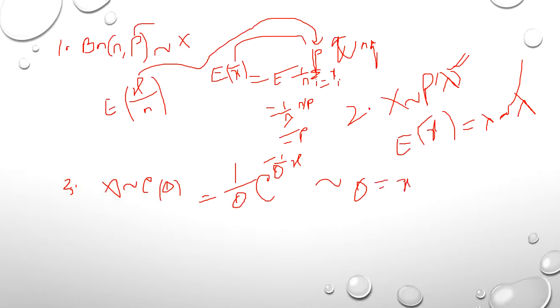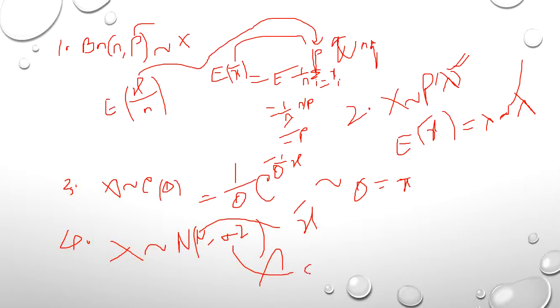If you take the normal distribution, x follows normal with mean mu and variance sigma square, then the unbiased estimator of mu is x bar, that is clear. But the unbiased estimator of sigma square is not the population variance; the population variance formula is a biased estimator.